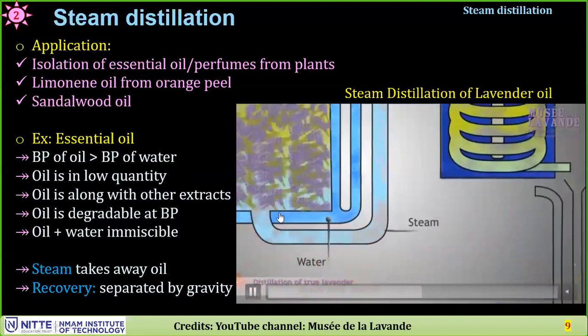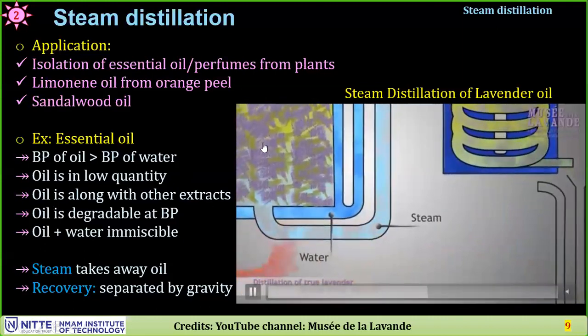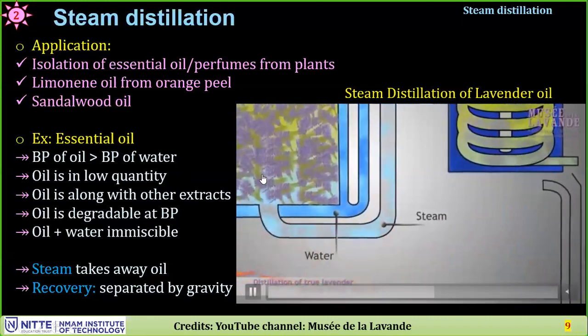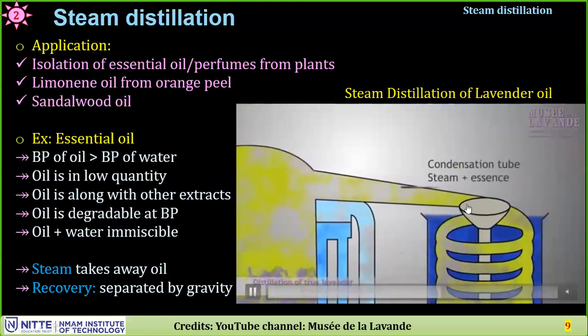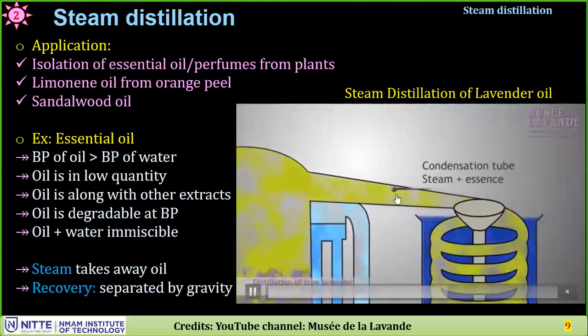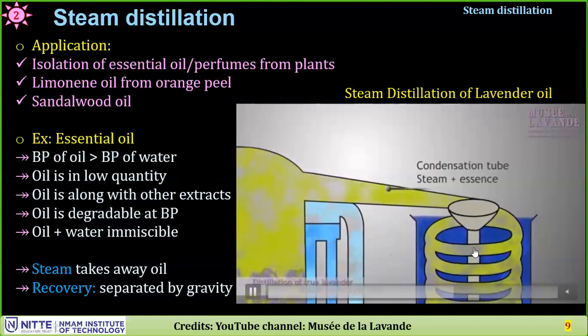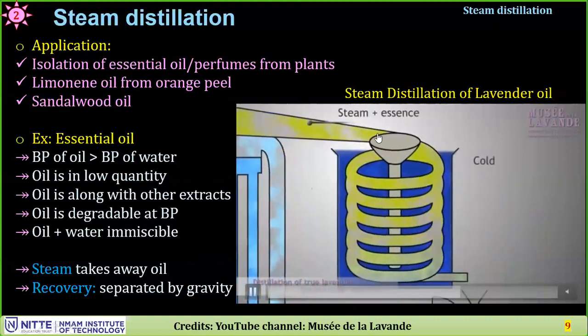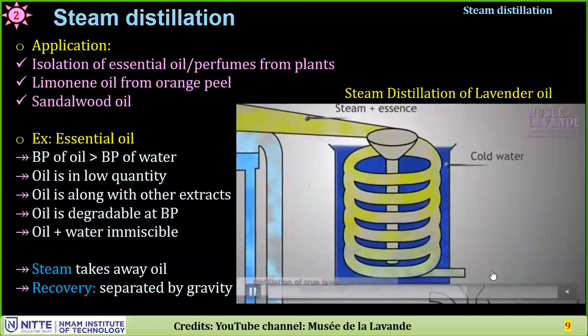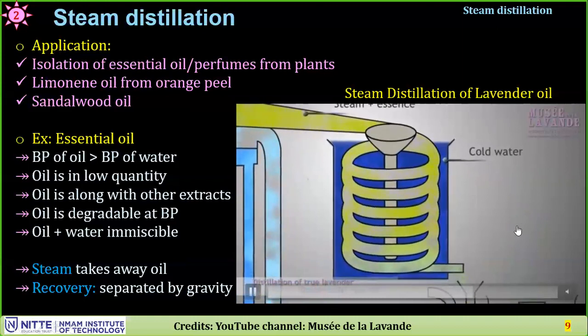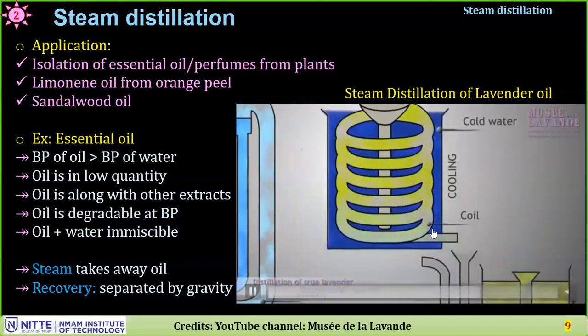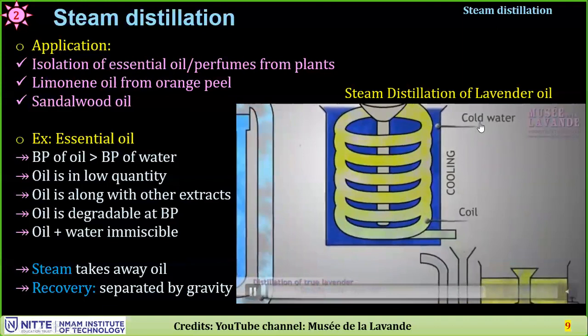Water is also used for heating. It heats this as well as produces the steam, two in one. So the vapor is condensed over here using a cooling system, with cold water in, cold water out. In the counter current flow, it is cooled.